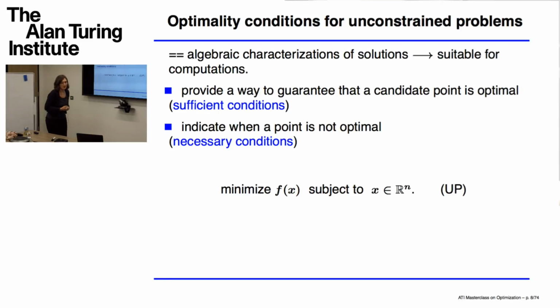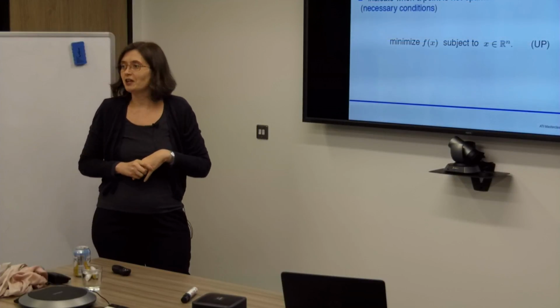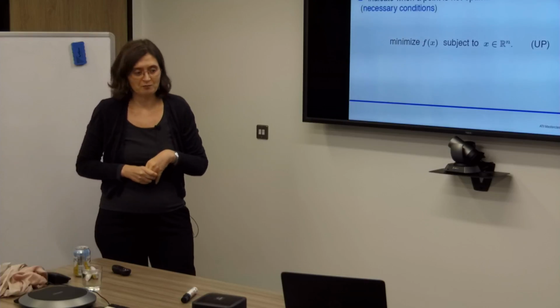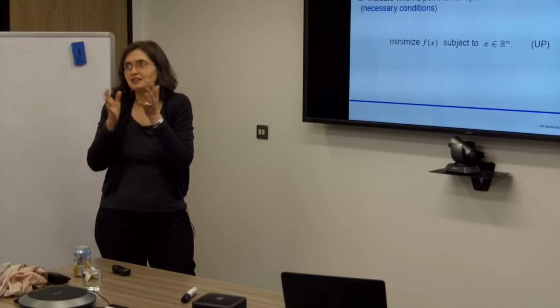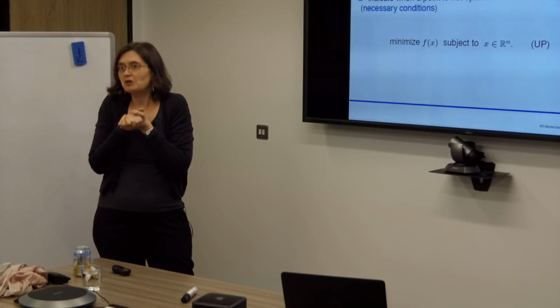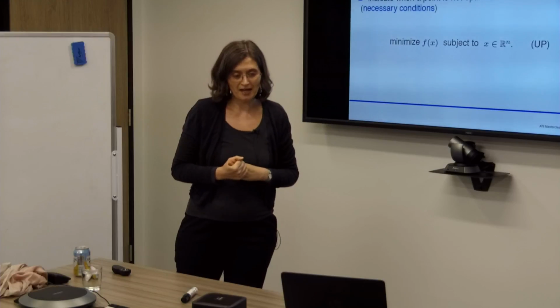Right, so now let's start talking about methods, and in fact before we even get there, I want to say a bit more about how do we characterize solutions of optimization problems. So until now I've just said, well, it takes the smallest value in a neighborhood, or maybe the smallest value over the whole domain.